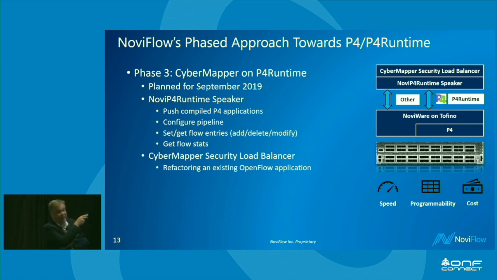The CyberMapper solution that we're building is not that intensive. You don't change the rules that often, so it's not going to be constrained by the P4 Runtime throughput. Other questions?